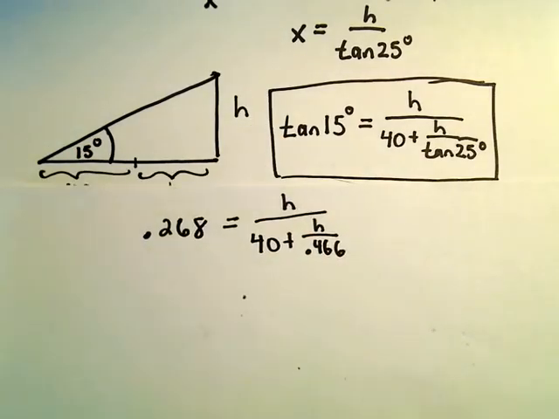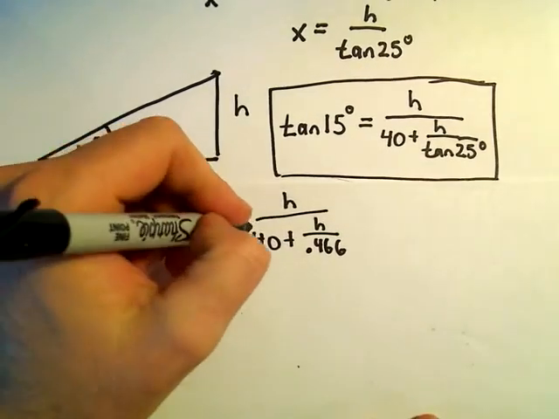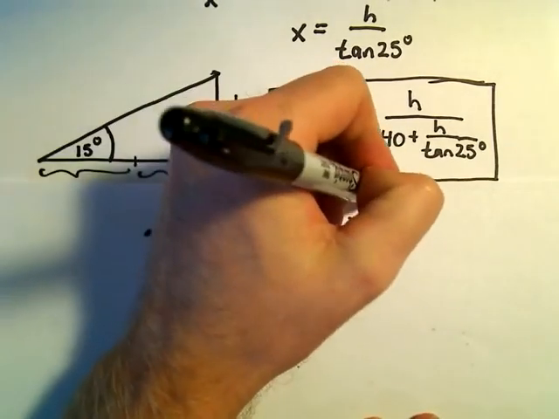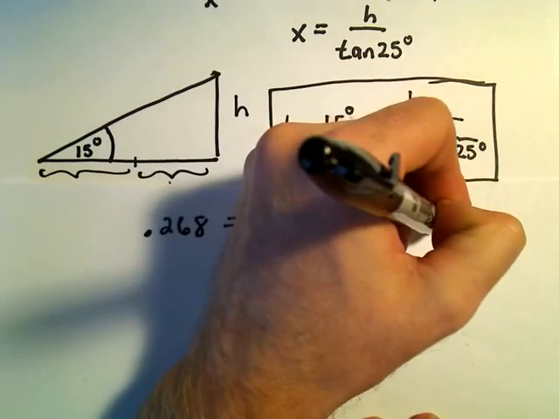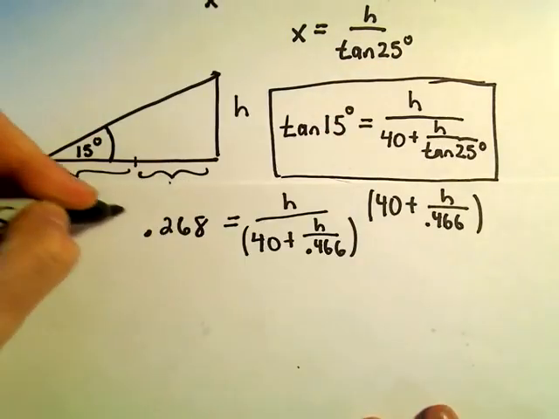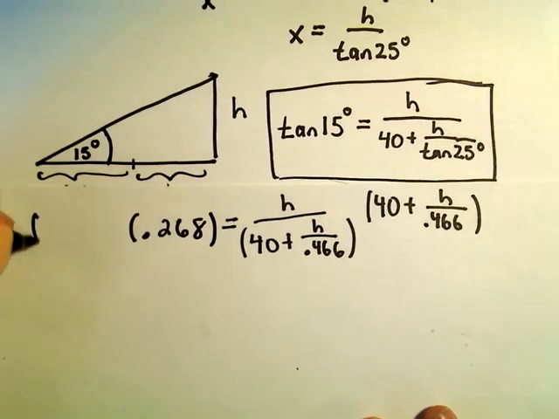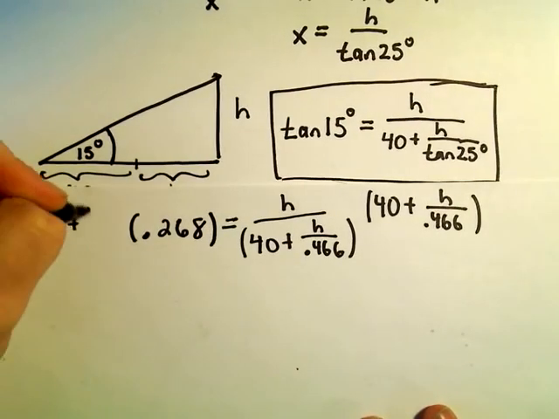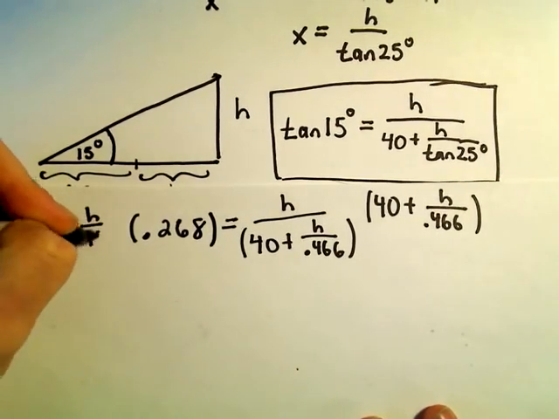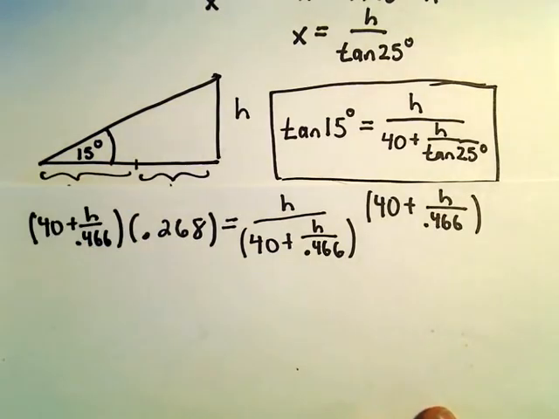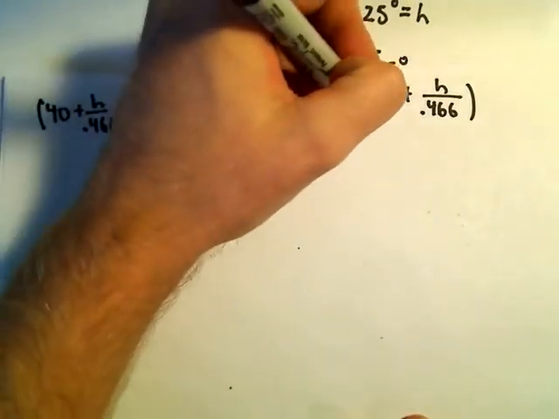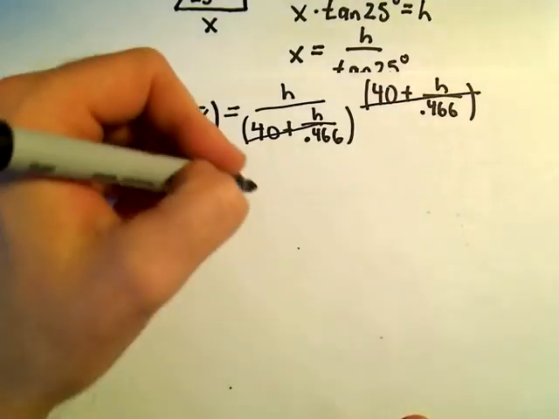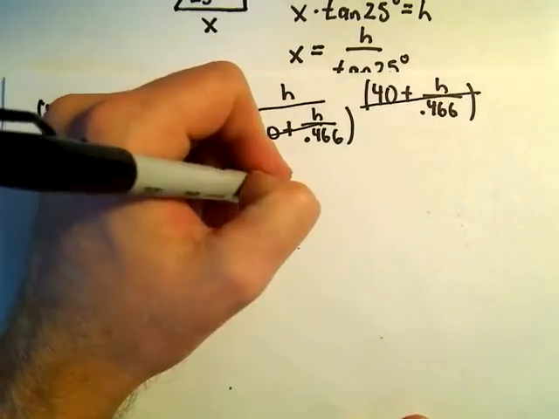What I'm going to do next is multiply both sides by the 40 plus h over 0.466. We'll have to do it to both sides. On the left side, everything's just going to cancel out, the 40 plus h over 0.466, and we'll be left with 1h.